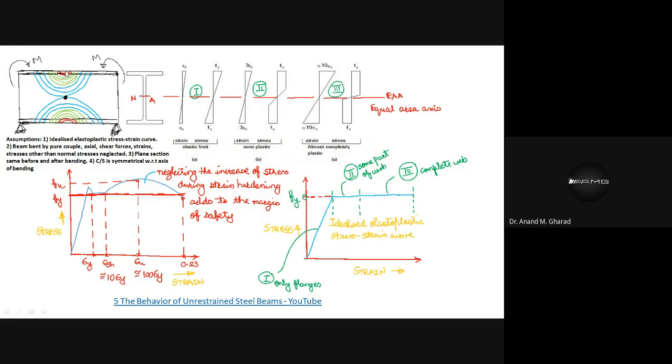Okay, and during this process, what will happen? See, let's say for example the first case, stresses are developed in the compression side, but you can see in the tension side also, because of that bending, some stresses will be developed, isn't it?